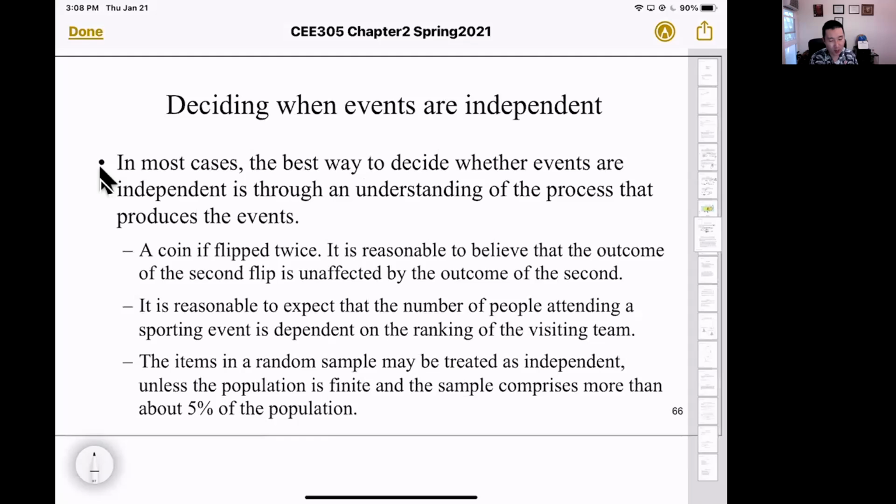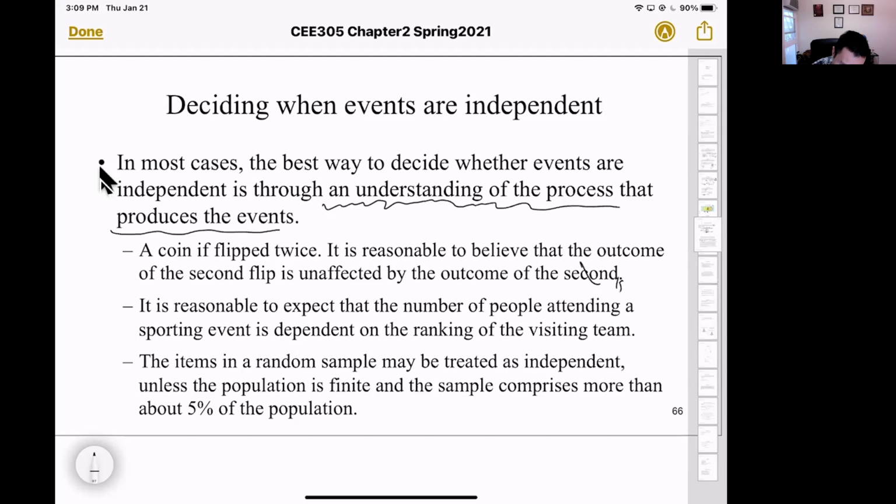So we just ask, how we can determine the events are independent or not. The best way, as we can see here, is we think thoroughly the process that produced the event. Okay. For example, if a coin is flipped twice, then obviously the outcome of the second flip will be unaffected by the outcome of the first.